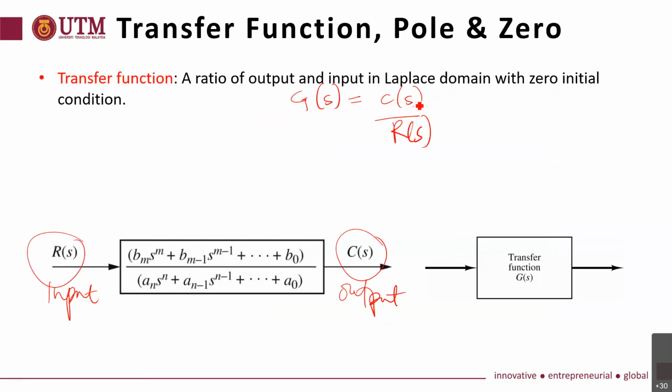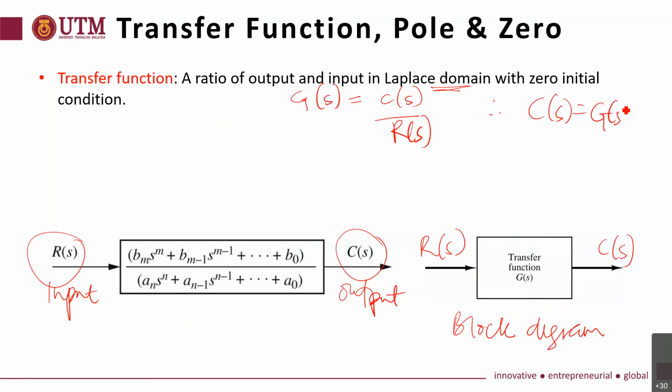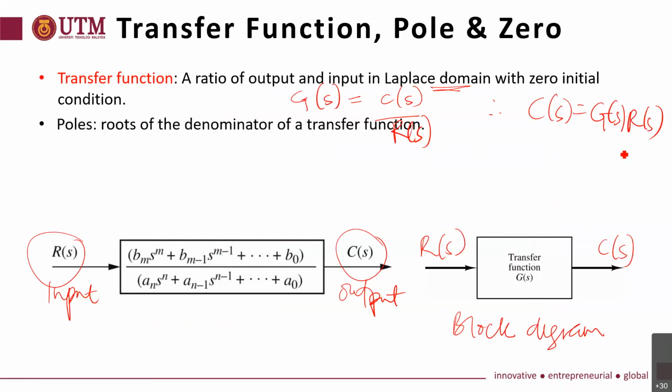Must be in Laplace domain with zero initial condition. And we normally show it in a block diagram like this, R(s), C(s). And therefore, C(s) is G(s) multiplied with R(s). That is transfer function.